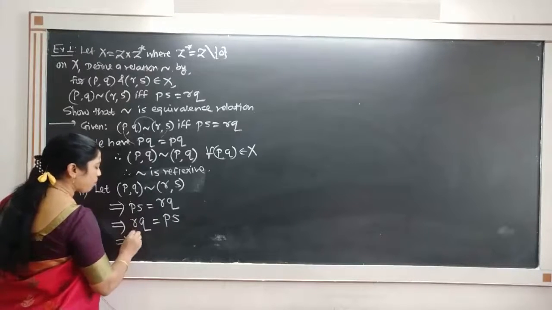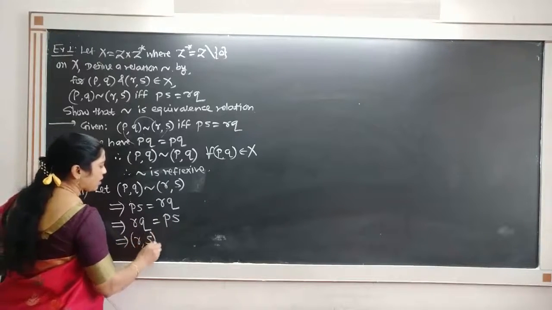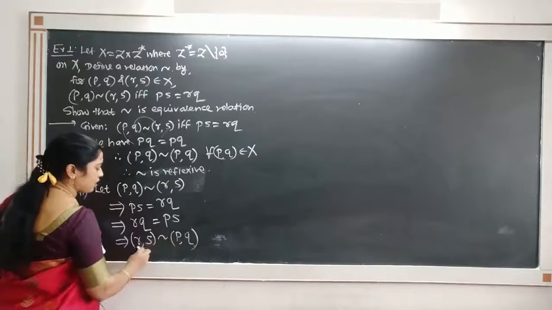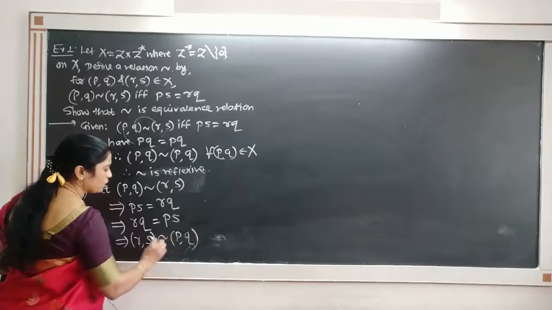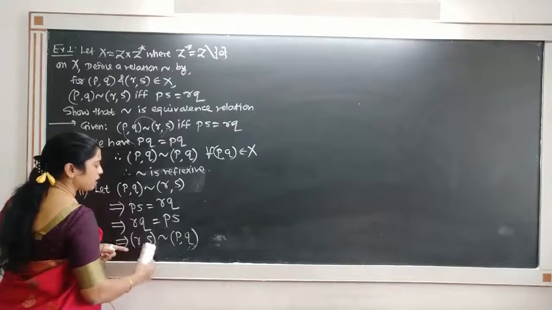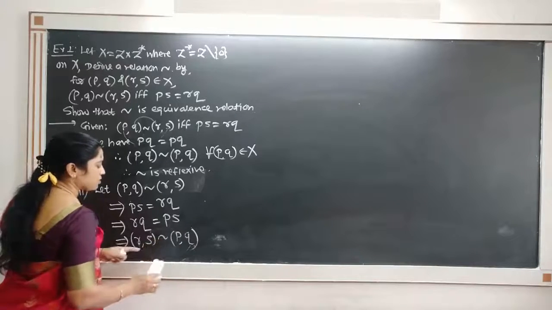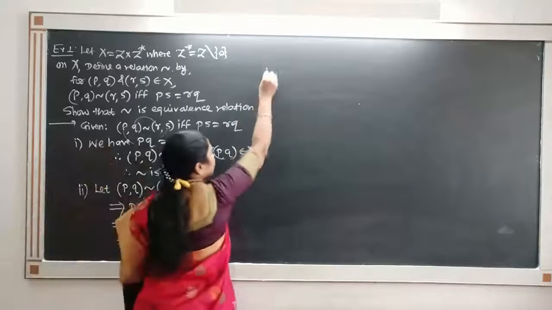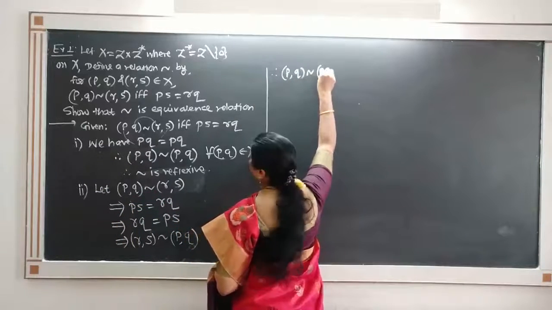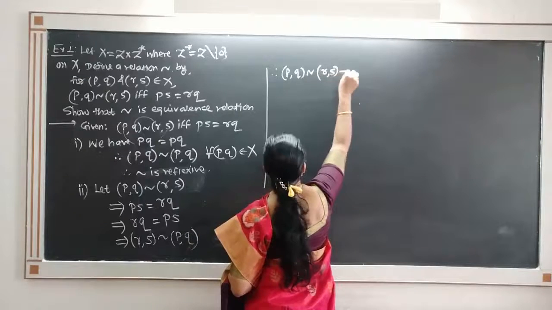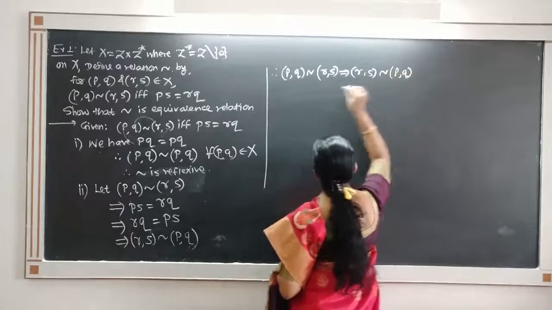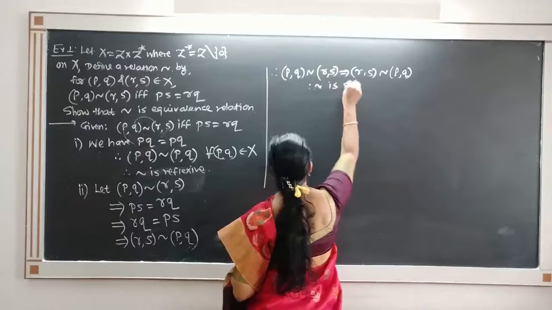But this is nothing but (r,s) related to (p,q) by our definition. Therefore (p,q) related to (r,s) implies that (r,s) is also related to (p,q), and therefore the relation is symmetric.